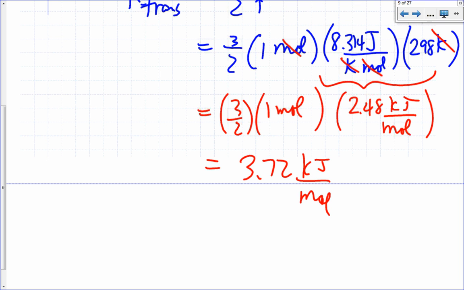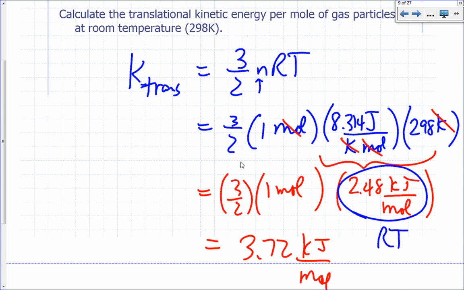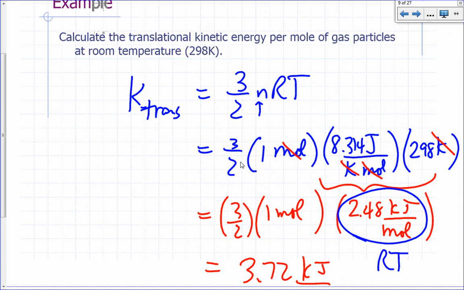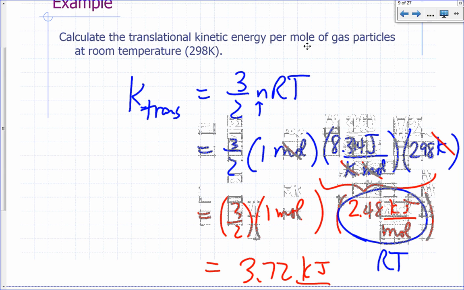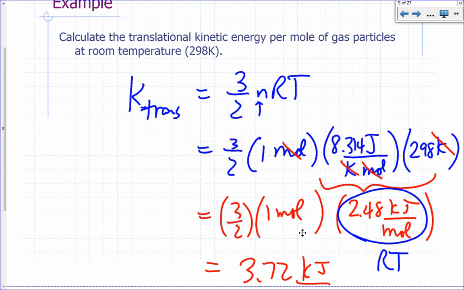Try to remember this number because you'll see that a lot. That's the value of RT at room temperature, and there are a lot of formulas you'll encounter that have RT in them, so it's a good number to remember. It's about 2.5 kilojoules per mole. So 1.5 times that would be your translational kinetic energy per mole. That's the total kinetic energy of 1 mole of gas molecules.